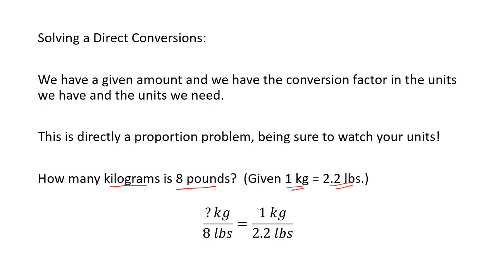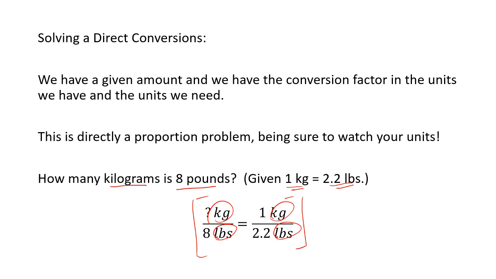Now, your book makes a big deal about multiplying and dividing, and I don't know if that's really the best perspective to have on this, because if we just solve this as a proportion, then we have the same setup no matter what. We need to make sure that we are consistent, that if kilograms are in the numerator here, then kilograms are the numerator here, and if we have pounds in the denominator here, then pounds go in the denominator here.